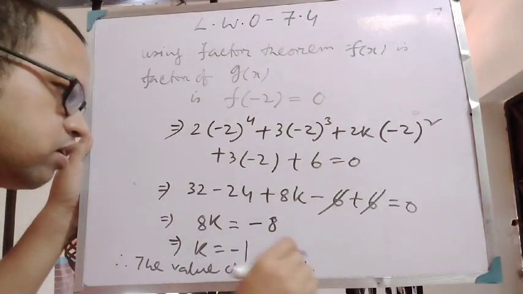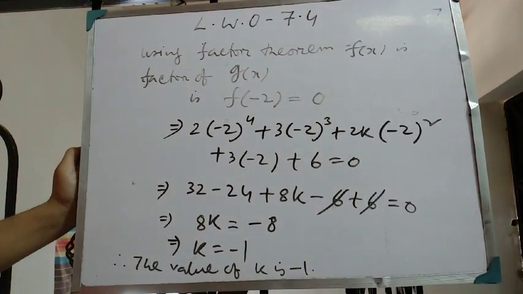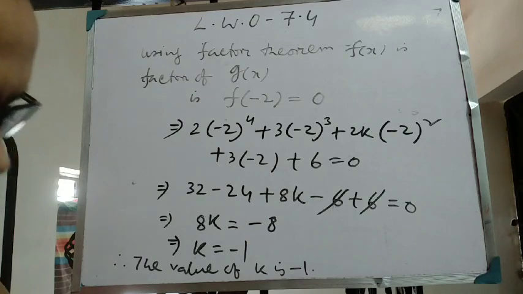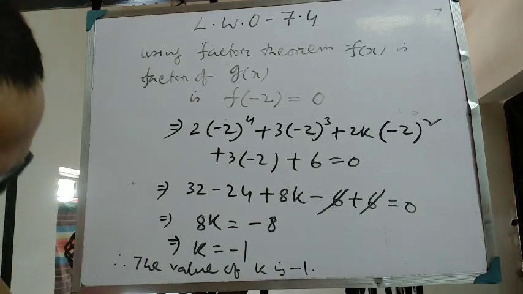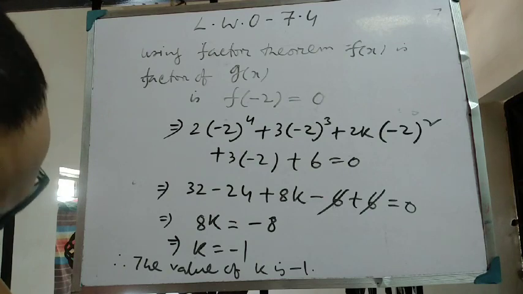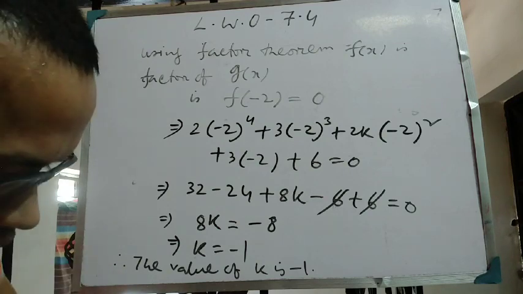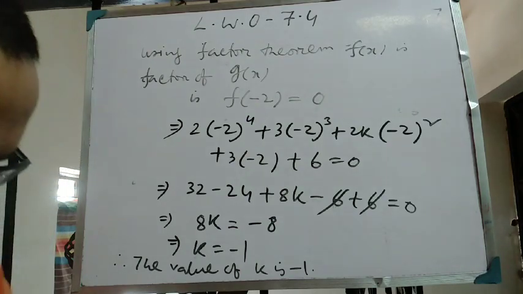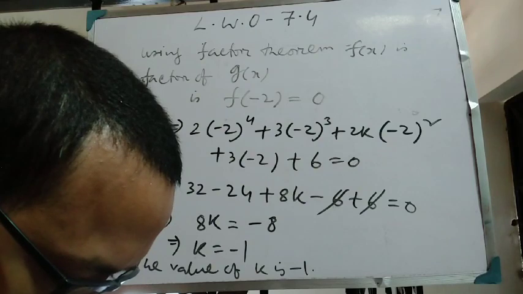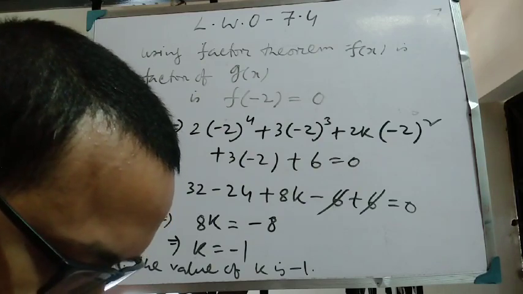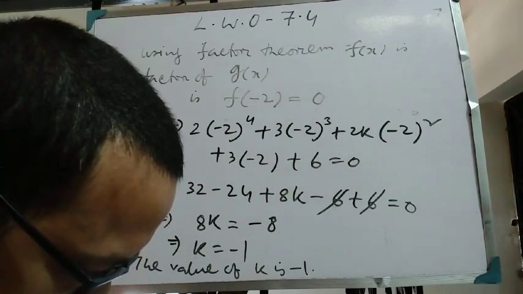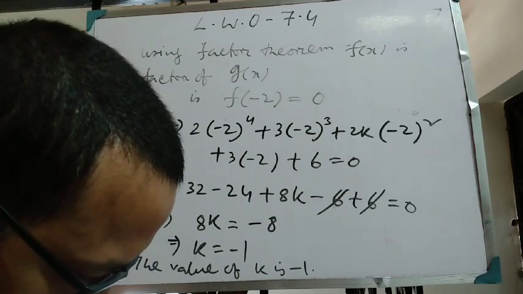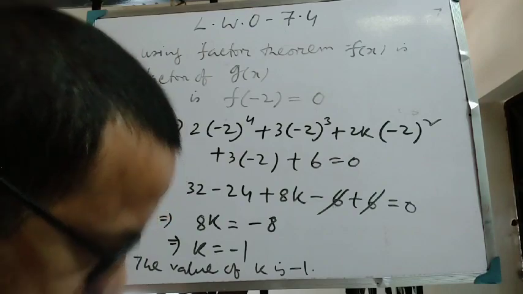That means, in a complete sentence, you can say that when k is equal to minus 1, then x + 2 completely divides the given expression. Now I am going to give the solution of number 5.